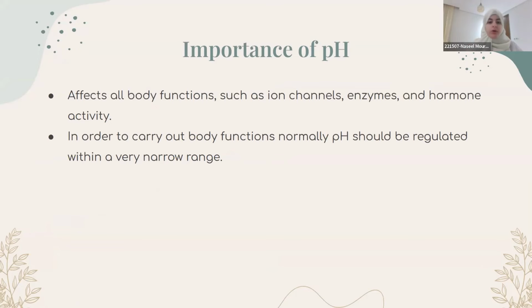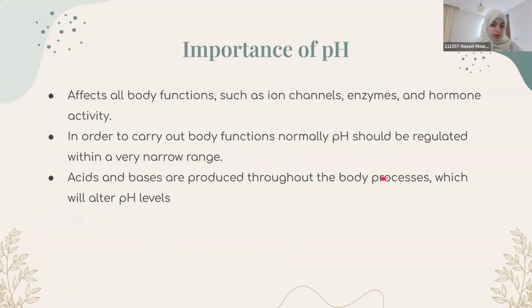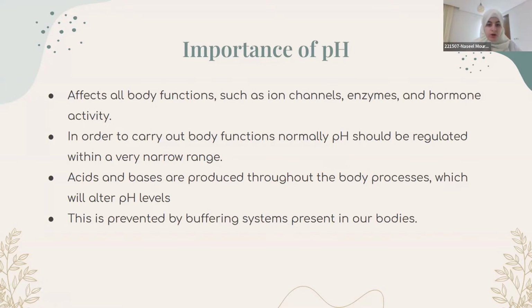Now, throughout all the metabolism, you do get a lot of acids and bases produced, right? So it makes sense that these would keep on altering the pH. However, the body has very, very tight mechanisms in order to keep the pH levels constricted within a very narrow range. Now, what do we use for this? We use what we call buffering systems.